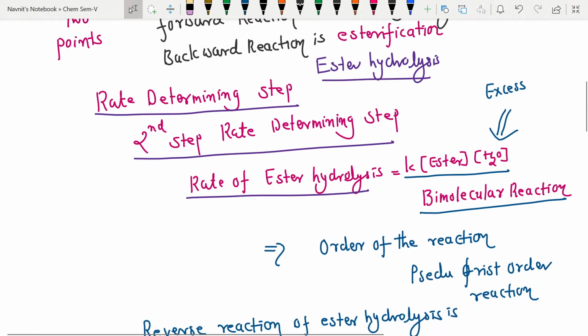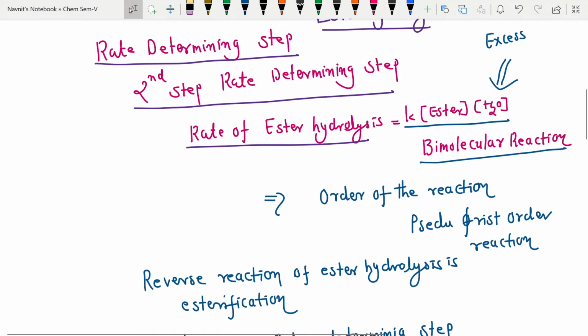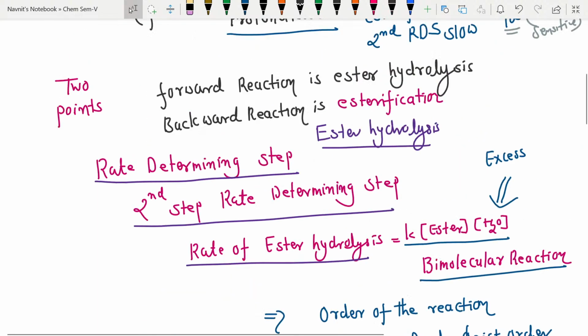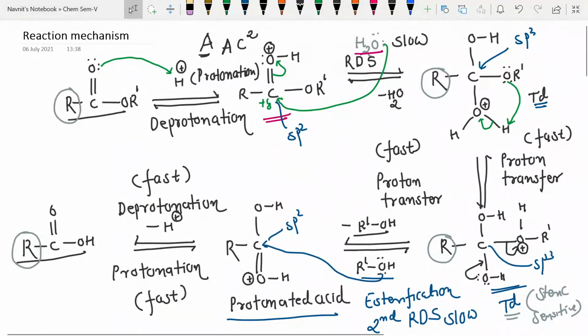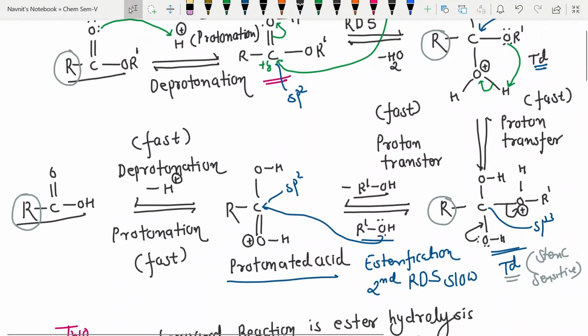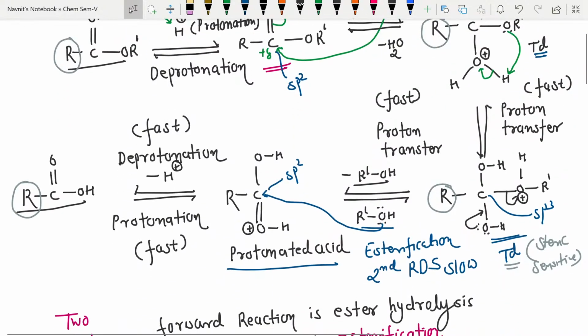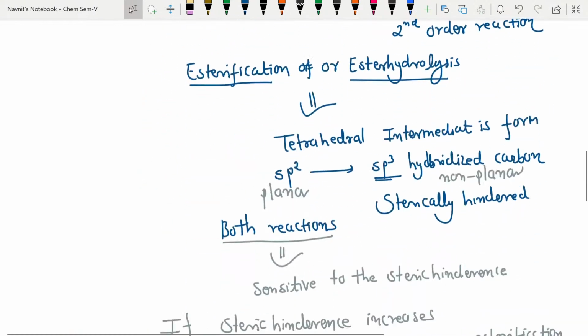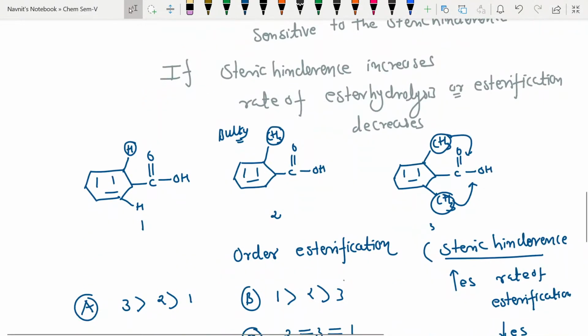But here we take water in excess because we are talking about hydrolysis. In hydrolysis, we always use water in excess. So the reaction is bimolecular, but when I talk about the order of the reaction, it is a pseudo first order reaction. The reverse reaction is esterification, which is also a bimolecular reaction. Then we discussed how we can increase or decrease the rate of ester hydrolysis or esterification.